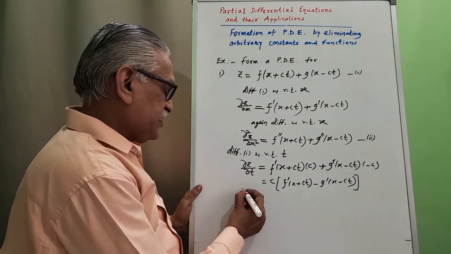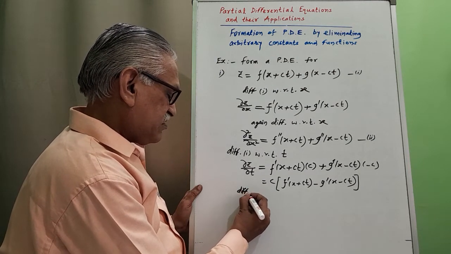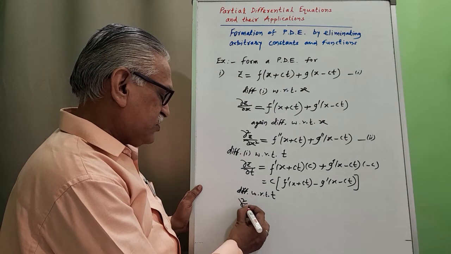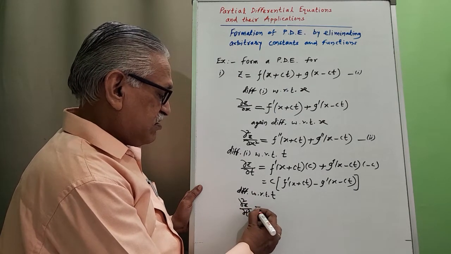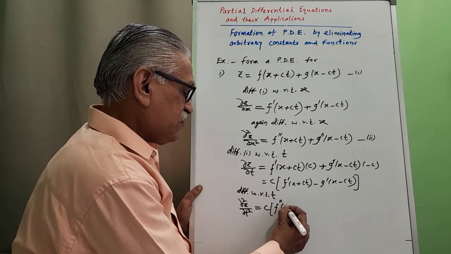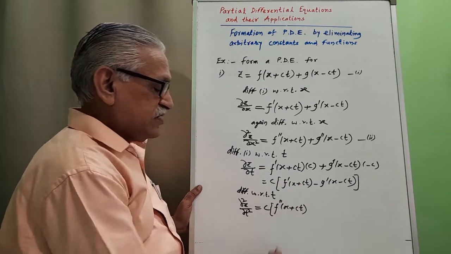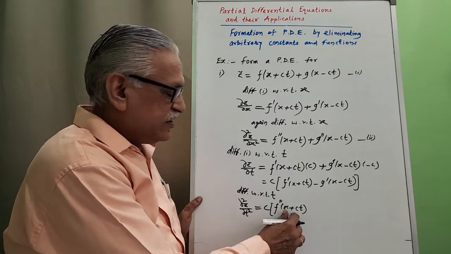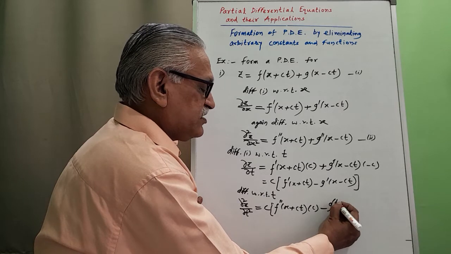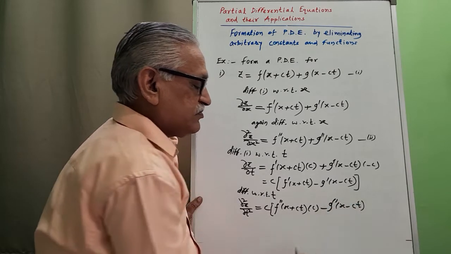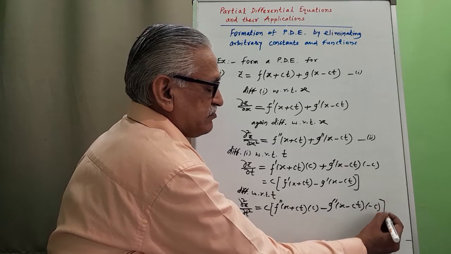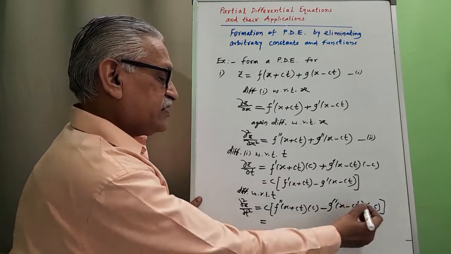Again differentiating with respect to t, we get the next derivative dou 2z by dou t square is equal to, c is a constant term outside, differentiation of f dash is f double dash of (x plus ct), and the derivative of this term with respect to t is c, minus differentiation of g dash is g double dash of (x minus ct), chain rule, differentiation of this term with respect to t is minus c, and therefore we can take c once again common.